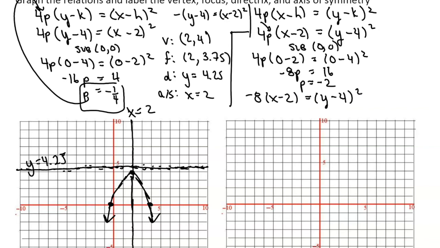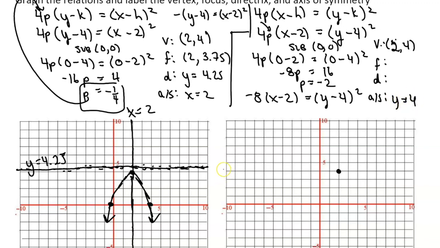And let's start to plot that. Our vertex was at (2, 4). And we have a sideways parabola. We want to find our focus, our directrix, our axis of symmetry. After the vertex, I always think the axis of symmetry is the next easiest one. So this one here is going to be y equals 4.